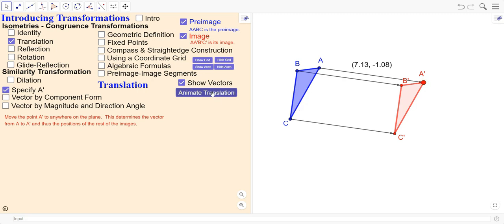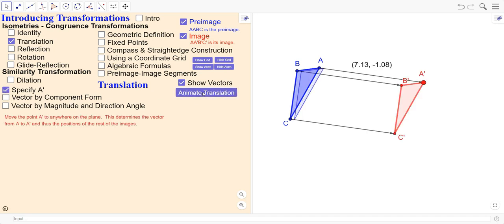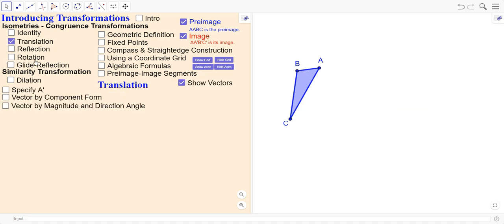Basically, this is showing you in motion what's happening with a translation. You're just sliding every single point along that same vector to get to the image point. Let me show you that again. I can make that reset by clicking one of these.